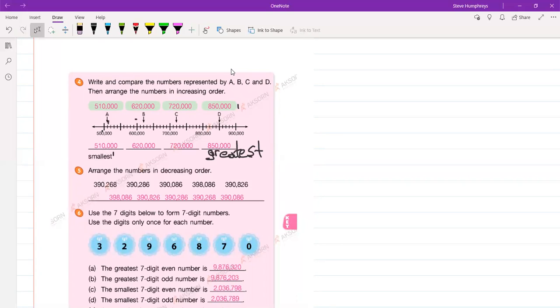And here you give them 5 numbers. It says arrange the numbers in decreasing order. So decreasing from the greatest to the smallest. Write those 5 numbers on the line, from the greatest to the smallest.